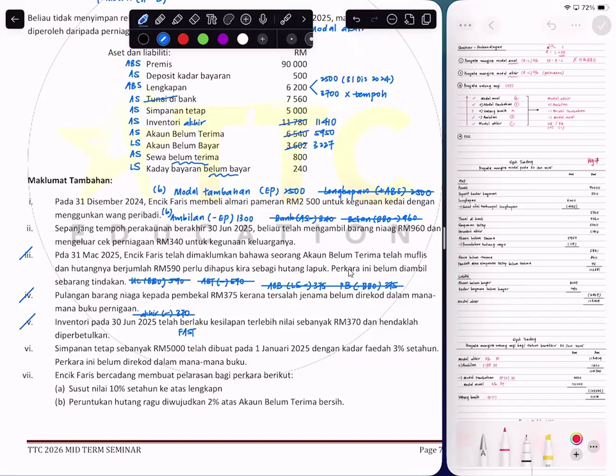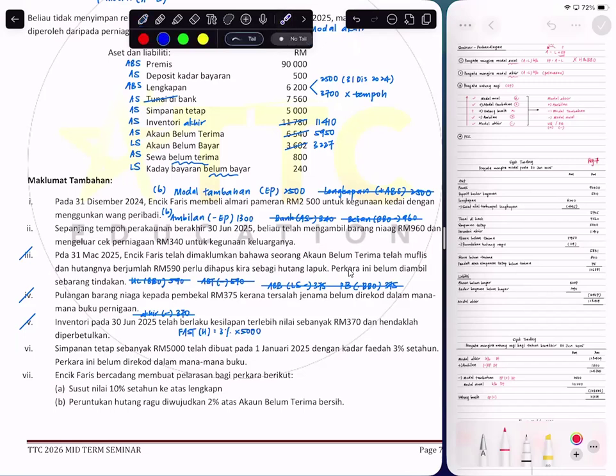What is the klasifikasi when it is faedah atas simpanan tetap? Simpanan tetap means you're saving mah. If you save your money, keep it in the bank, you should receive interest, right? So it will be yes, hasil. 3% of your simpanan tetap. So take your simpanan tetap 5,000 times 3%.